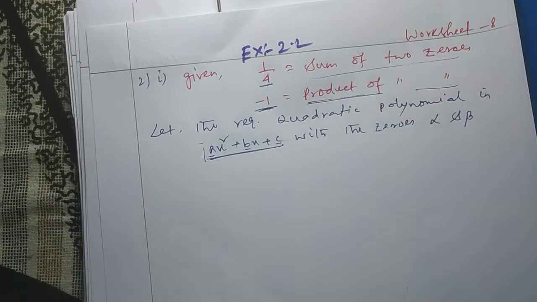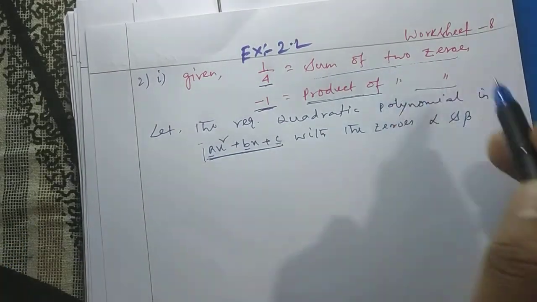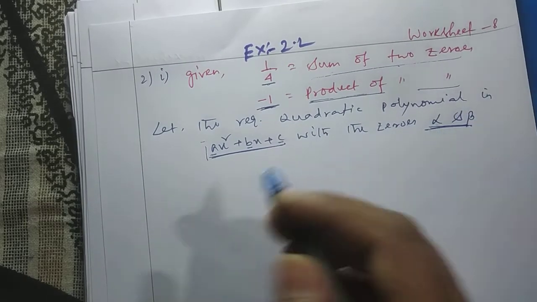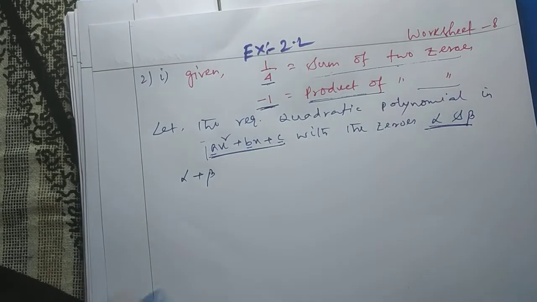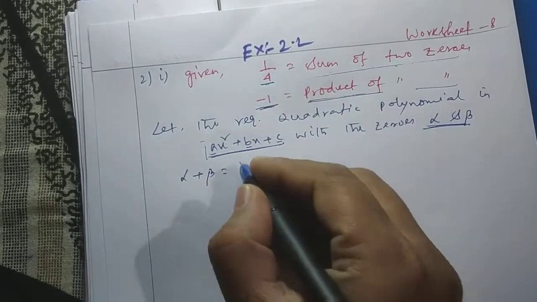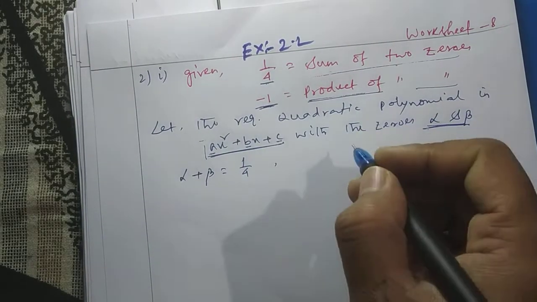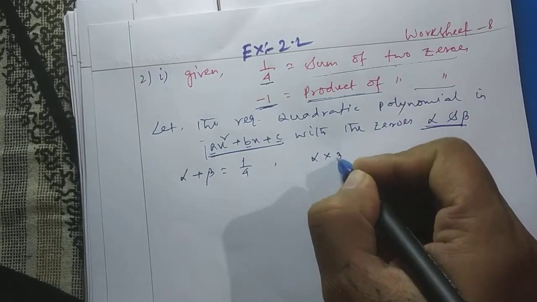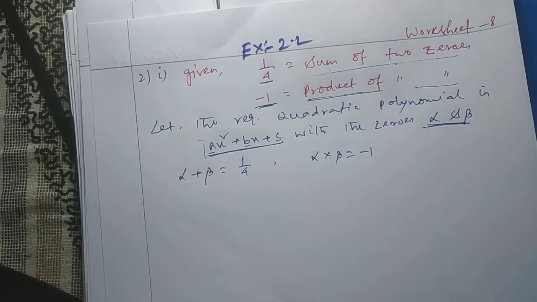Now what is told here? 1 by 4 is the sum of the two zeros, and already we assumed the two zeros. What are they? Alpha and beta. So the sum of the zeros means alpha plus beta. That is already given, 1 by 4, correct? Similarly the product of the two zeros means alpha into beta. That is already given, minus 1, correct?